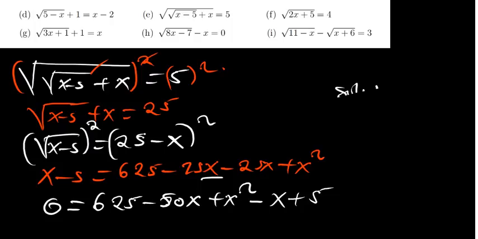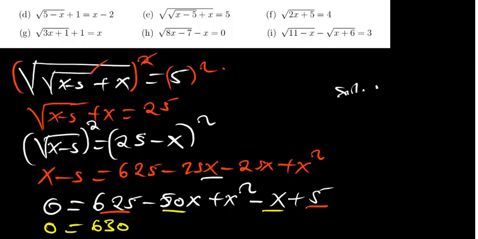Now I can see I've got the right terms here, this guy and this guy. At the same time, this guy and this guy. Okay, so I have 0 is equal to 625 plus 5. It's going to give us 630, right? Yeah, 630.